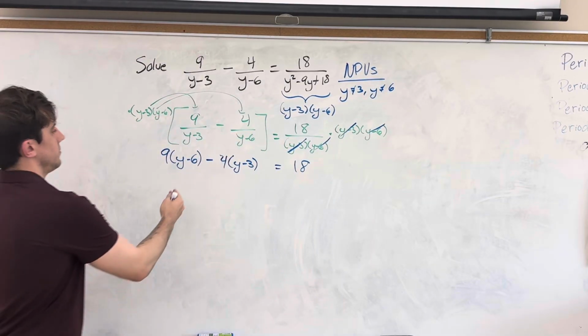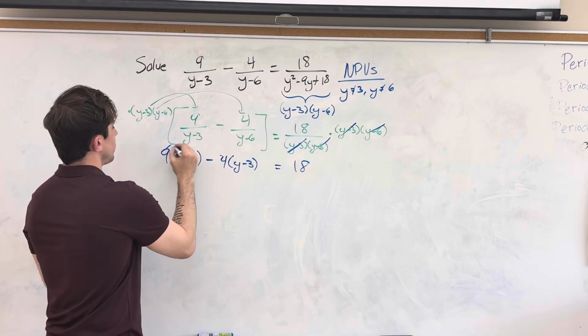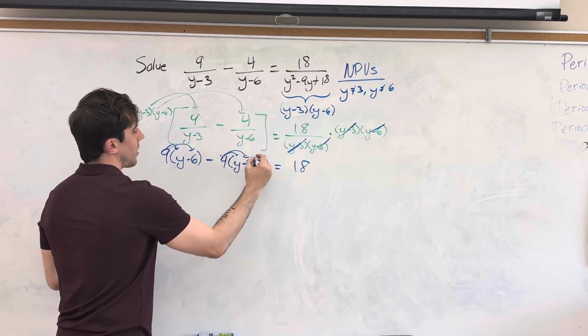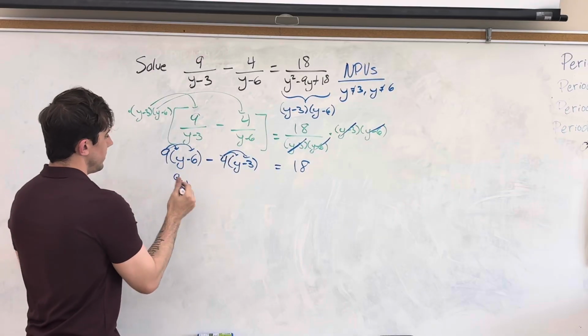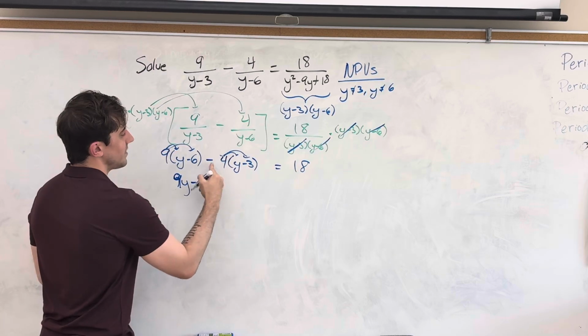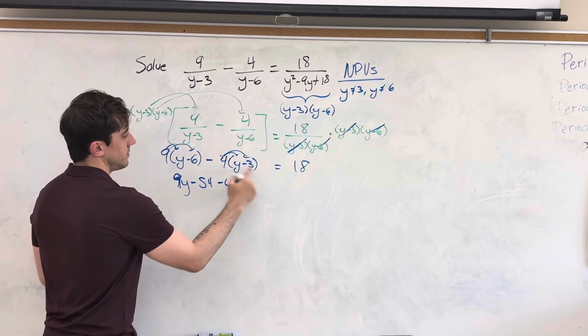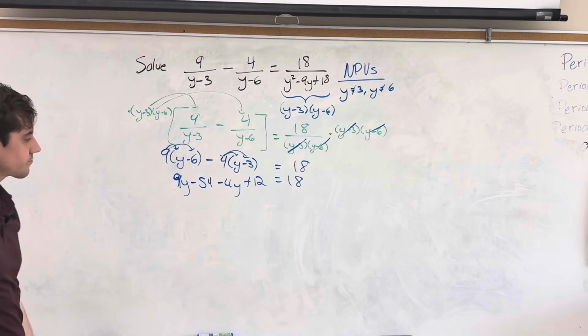Now, moving on, we can solve this as a linear equation. This is not going to be very difficult. Let's multiply through both brackets. So we'll have 9y minus 54 minus 4y plus 12 is equal to 18.